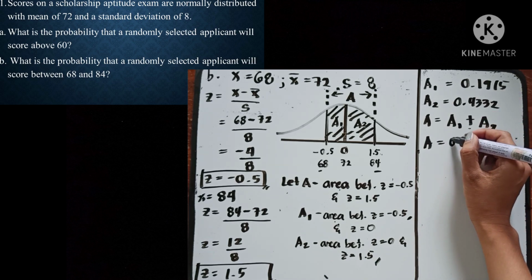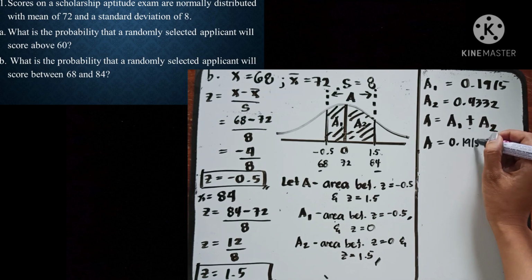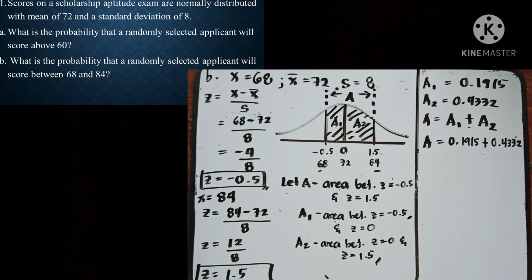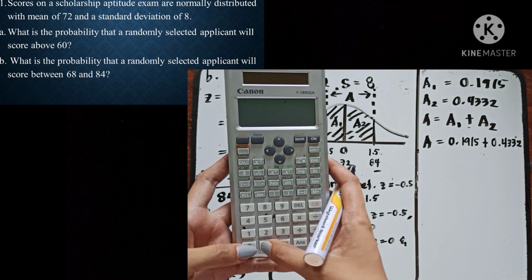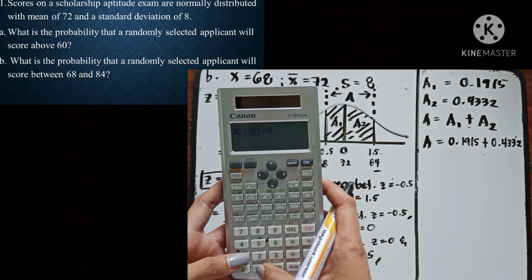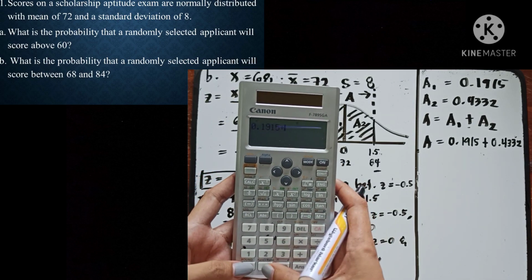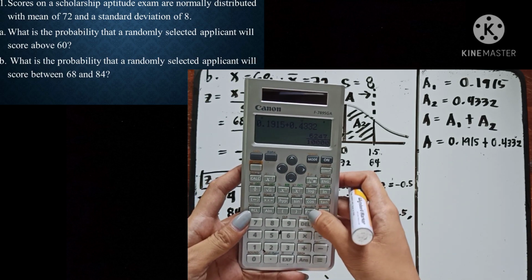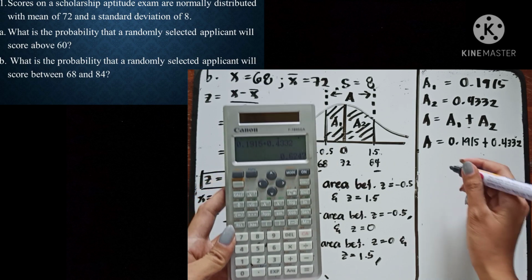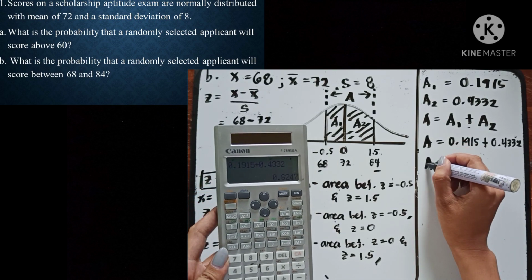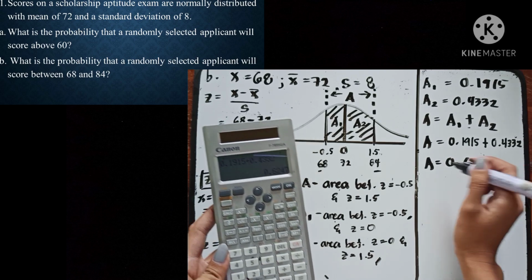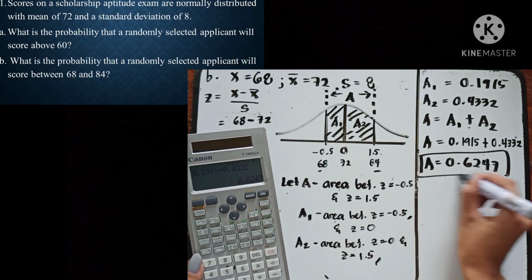A sub 1 natin, 0.1915 plus A sub 2 natin, which is 0.4332. So, that is 0.1915 plus 0.4332 is equal to 0.6247. So, yung area natin is 0.6247.